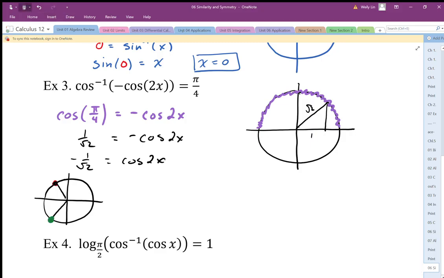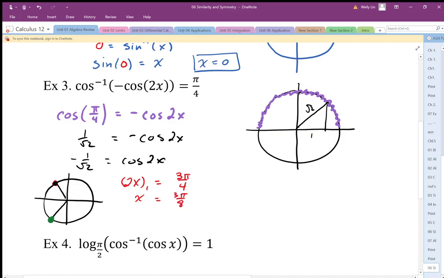So for θ1, 2x in quadrant 2, which I'll call θ1, that angle is going to be 3 pi/4, or 135 degrees. Solving for x, we end up with 3 pi/8.